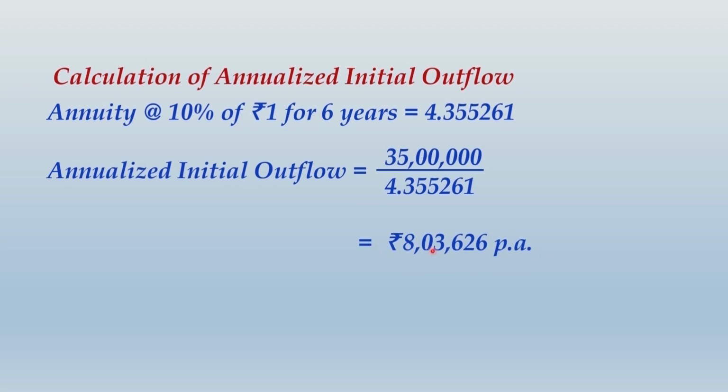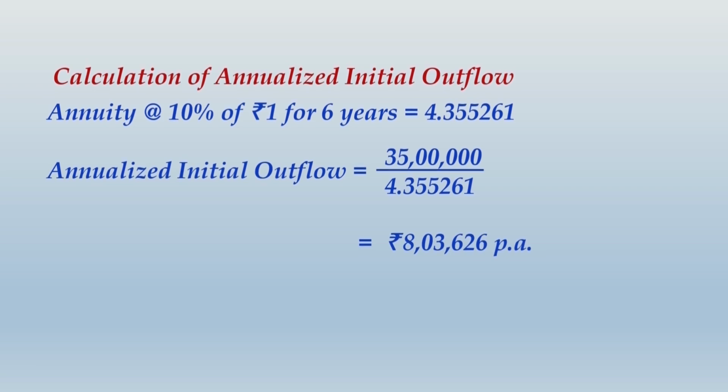Then this 8,03,626 per annum of inflow multiplied by this annuity factor would have given you total PV of inflow as 35 lakhs and total PV of outflow is also 35 lakhs. As a result, you would still get a zero NPV even if your cash flows reduce by so much that it comes down to 8,03,626 per annum. So this is something that will be helpful for analysis of sensitivity towards the annual cash flow information. But before we do that sensitivity analysis, please write up these calculations.